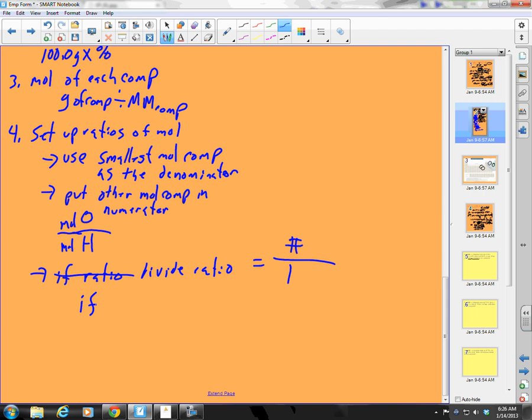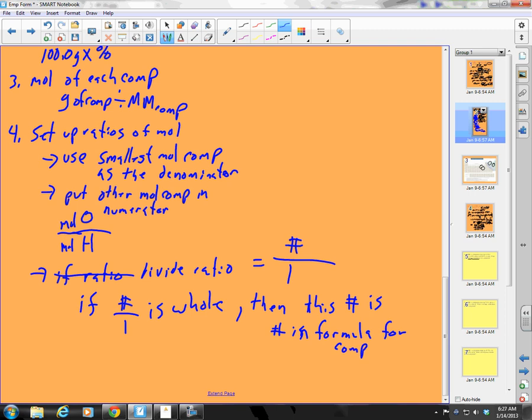And if this number over 1 is whole, then hey, we're essentially done. Then this number is the number in the formula for the component.